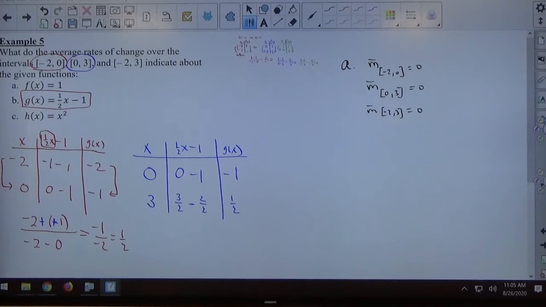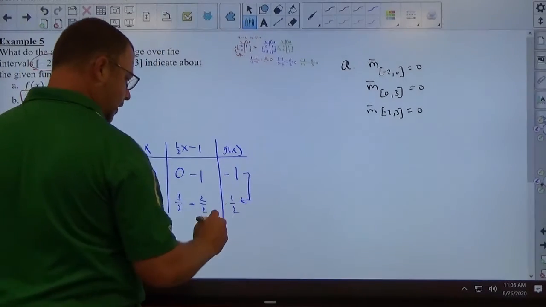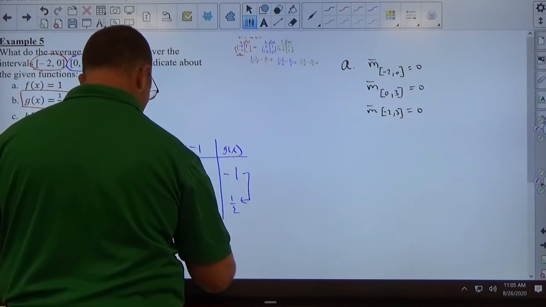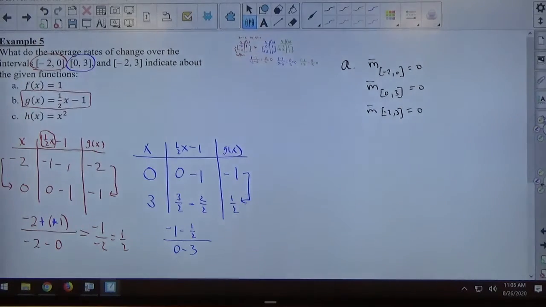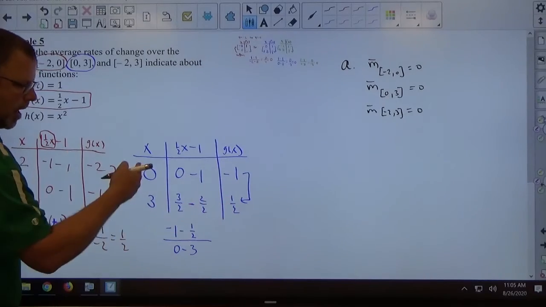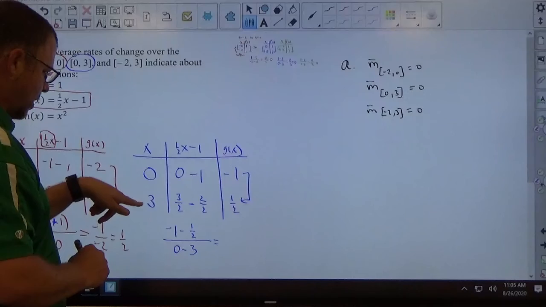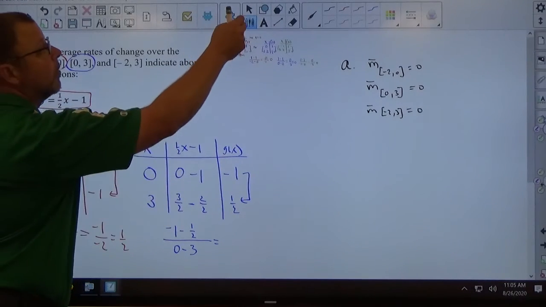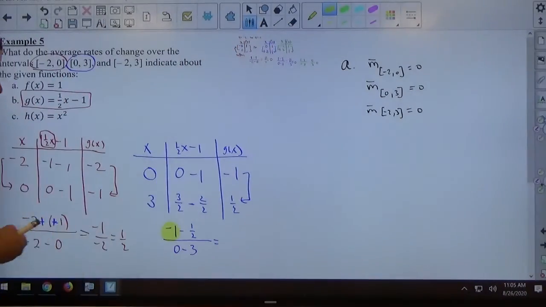All right. So again, I subtract. So I'm going to have this minus this. So that's going to be negative 1 minus 1 half. On the bottom, I get 0 minus 3. First minus second on top, first minus second on the bottom. So I get on top minus 1 is minus 2 halves, right? So again, just using basic subtraction of fractions technique, common denominator.